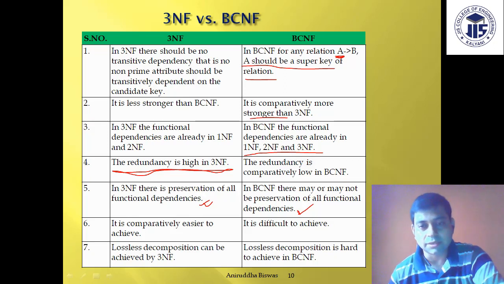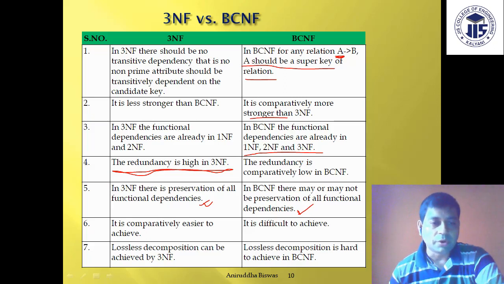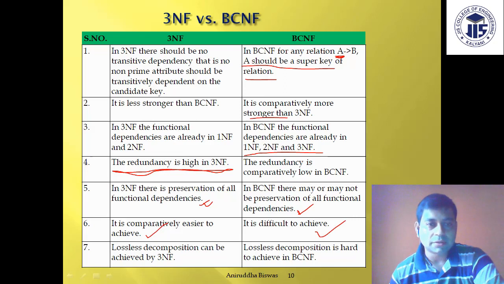So that is why it is said that it is stricter, very, very stricter than 3NF and hard to achieve. Point number 6, it is comparatively easier to achieve, and it is difficult to achieve. Again, stronger, this and this look a little bit similar.